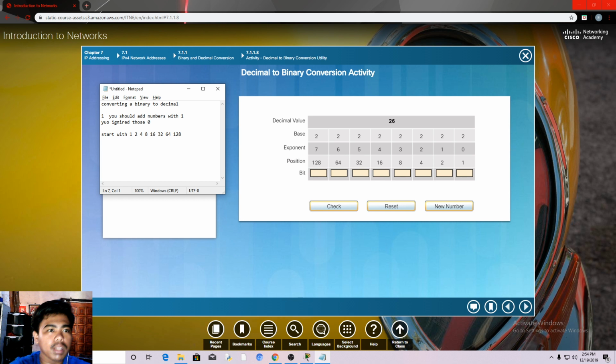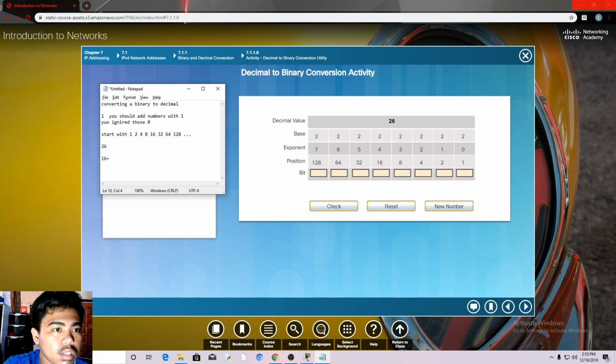So we add the numbers: I'm going to start adding 16 plus 8 equals 24. Then the number we need to find is 26, so we add another 2, so now it is equal to 26.